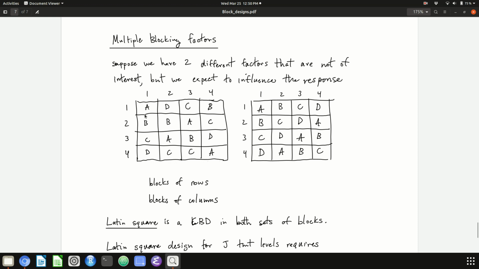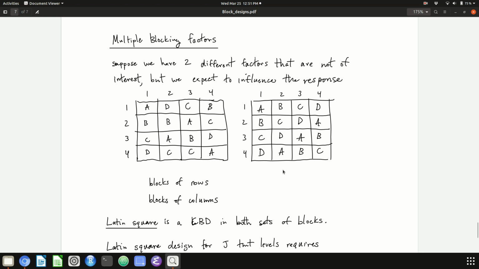So if you look at each column, each treatment appears exactly once. But if you look at the rows, that's not true. So in the second row, B appears twice. And in the fourth row, C appears twice. So this is a design that's balanced with respect to columns, but it's not balanced with respect to rows.